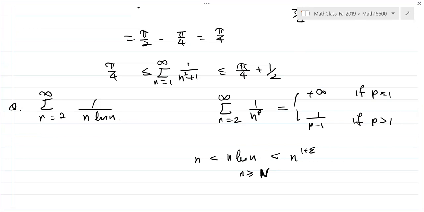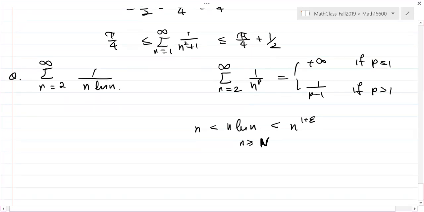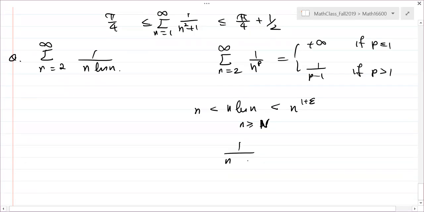But it's still hard to tell whether this is divergent or convergent, because it's between the two. The lower bound is 1 over n, which is a divergent series. The other side is convergent. So it's still between divergence and convergence, and it is hard to tell. 1 over n to the 1 plus epsilon is less than 1 over n log n, which is less than 1 over n.